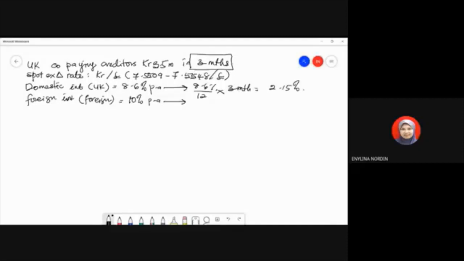For the foreign interest rate of 10%, divide by 12 and multiply by 3 months. That means you can apply the foreign interest rate of 2.5% for 3 months.